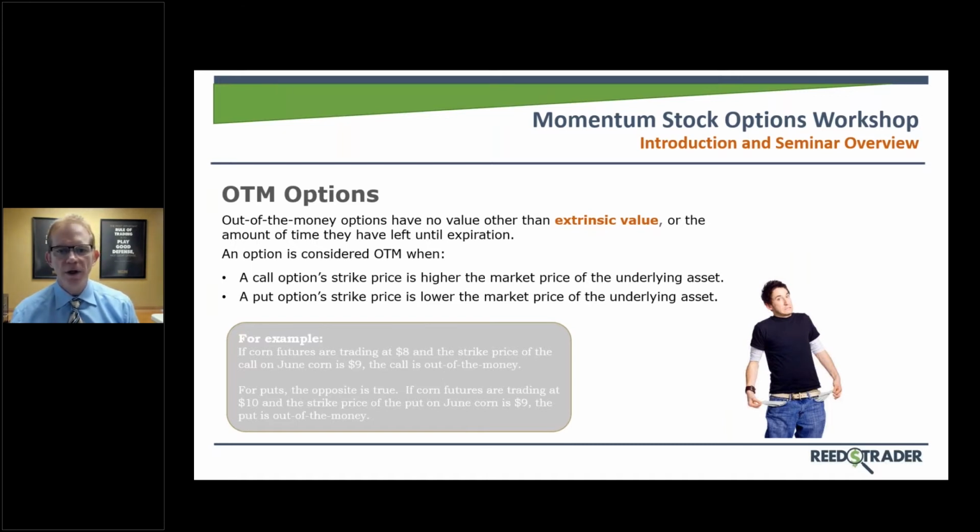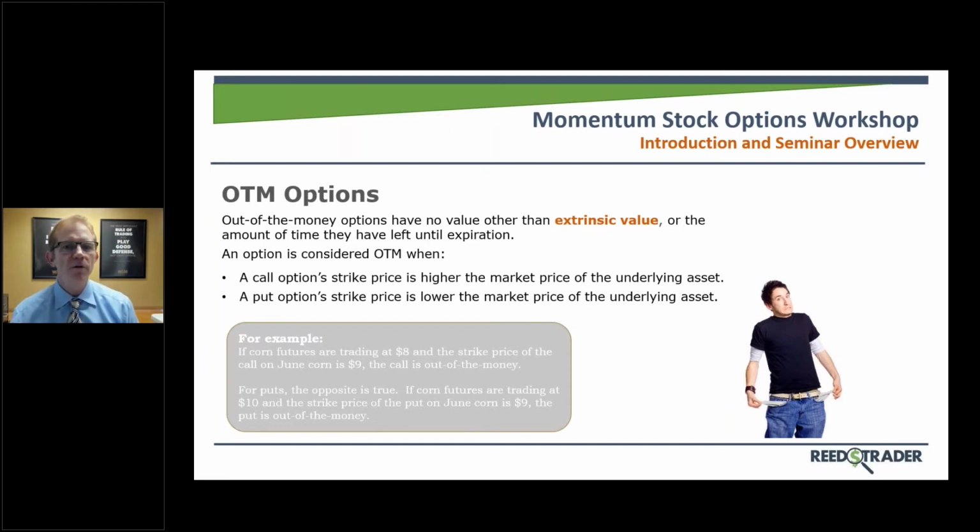An option is considered out of the money when a call option strike price is higher than the market price of the underlying, and a put option strike price is lower than the market price of the underlying asset. So for example, if corn futures are trading at $8 and the strike price of the call on June corn is $9, the call is out of the money.